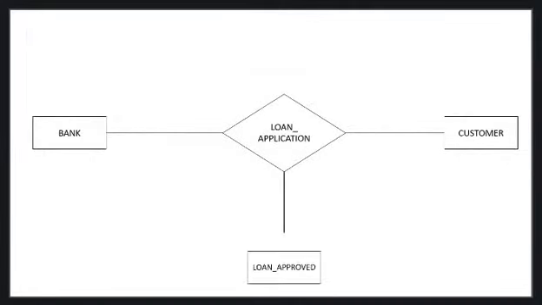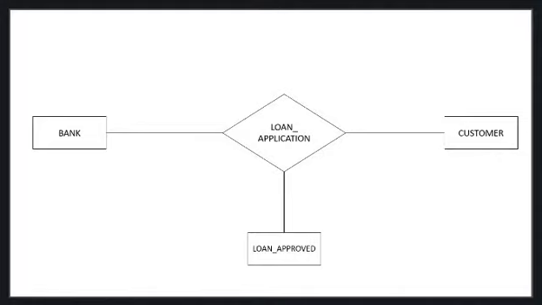As you can see in this ER diagram, the binary relationship loan application is now converted into a ternary relationship to connect three entity types, bank, customer, and loan approval. This ER diagram assumes that every loan application submitted by a customer results in loan approval.